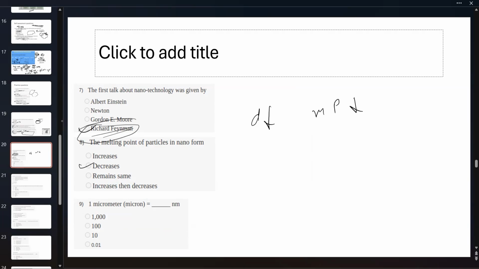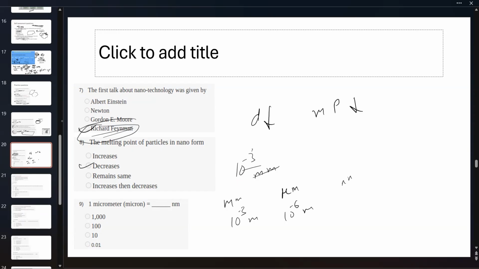1 micrometer, the micrometer is 10 to the power minus 6 meters. Millimeter is 10 to the power minus 3 meters.